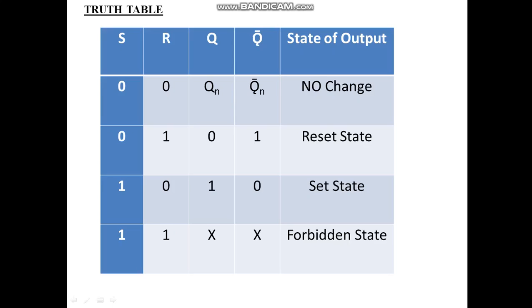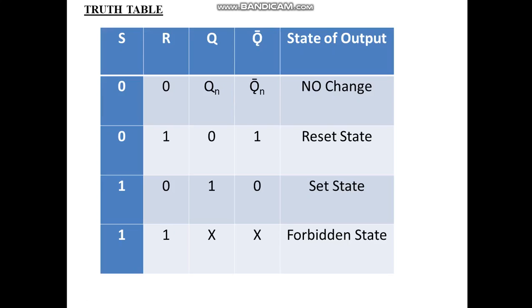Right? Then when S is 0, R is 1, we got Q as 0 and Q bar as 1. Right? This is a reset state. When you take S as 1 and R as 0, you got Q as 1 and Q bar as 0. So that is a set state. So when both the inputs are 1, 1, we got both the outputs as 0, 0, right? Which is a forbidden state. That's why we will write it as a don't care.